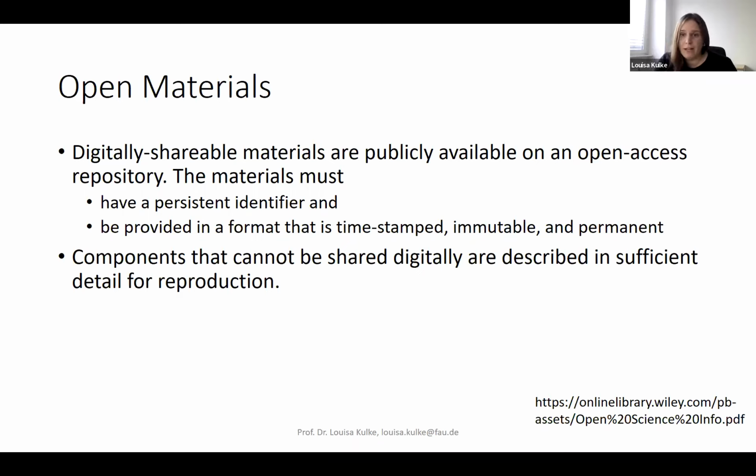And that might have an effect on the behavior of participants. And you can't share your screen, right? You can't give your smartphone to everybody who is trying to do the study in the United States or in Australia or somewhere else around the world. So you should describe all the components that you cannot share openly, so other people can, for example, buy the same screen or get the same smartphone.